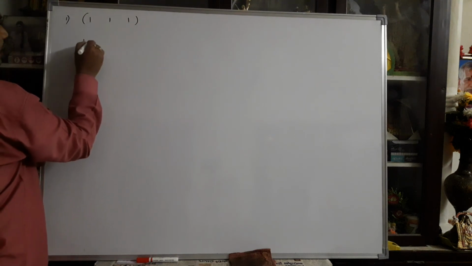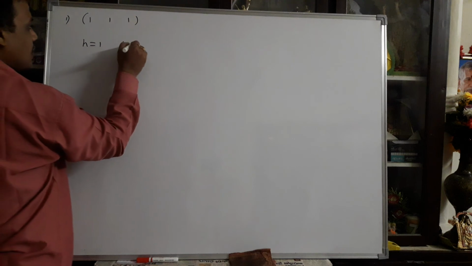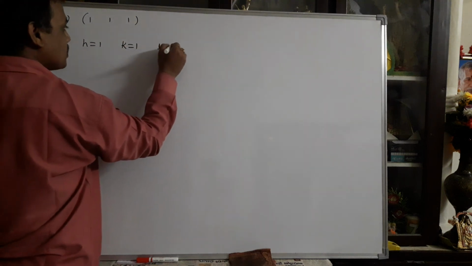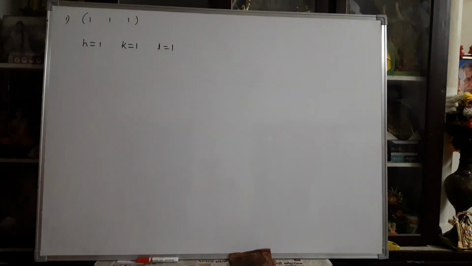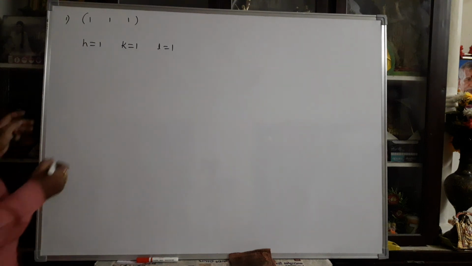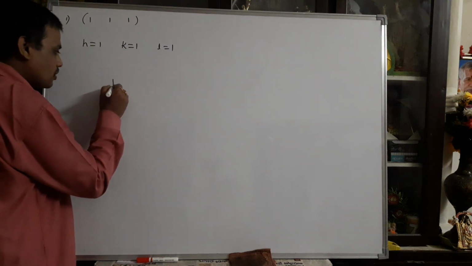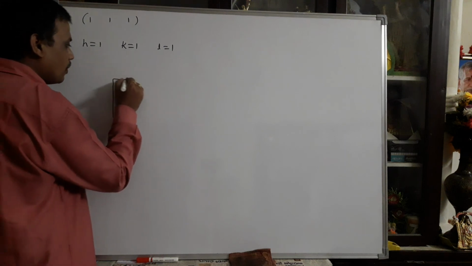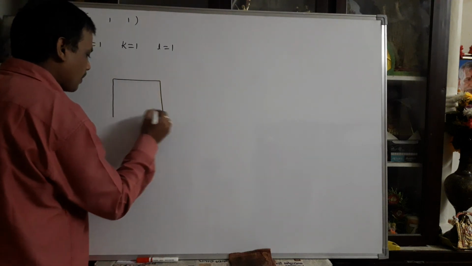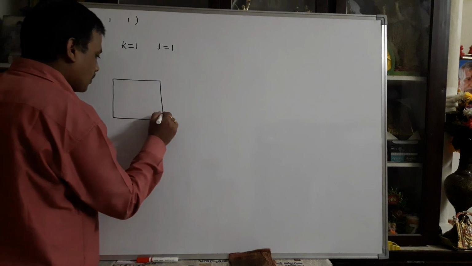So here h is equal to 1, k is equal to 1, l is equal to 1. How can the lattice plane be drawn in the cubic structure? So you can take one cubic structure like this.